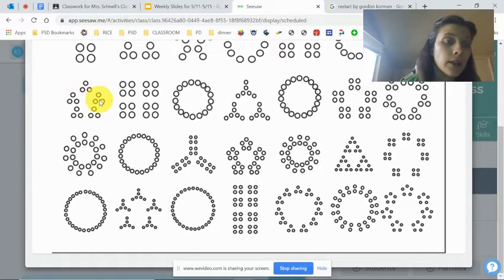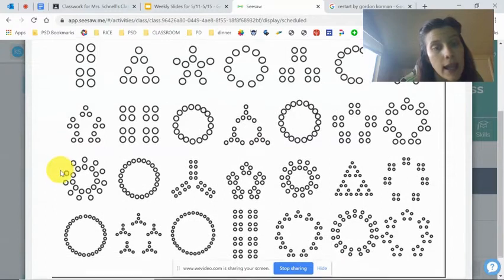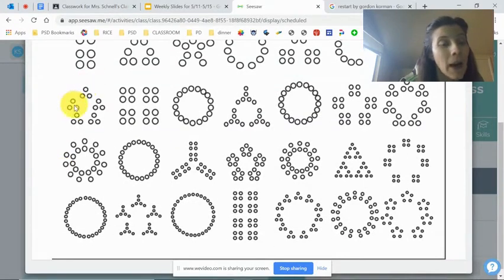So 3, 3, 3, 3, 3. And it's like a circle. What it reminds me of is a penguin. So here's the top of the penguin's head, here's their fin, and then here's their feet, and they waddle. So that's the image that comes to mind when I see this pattern.